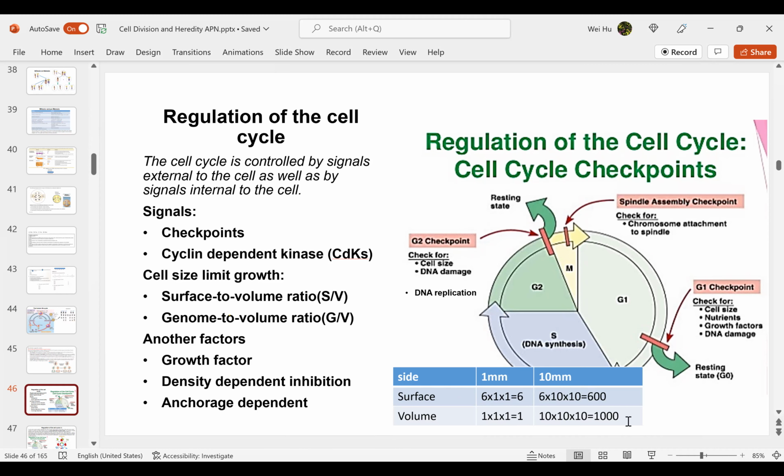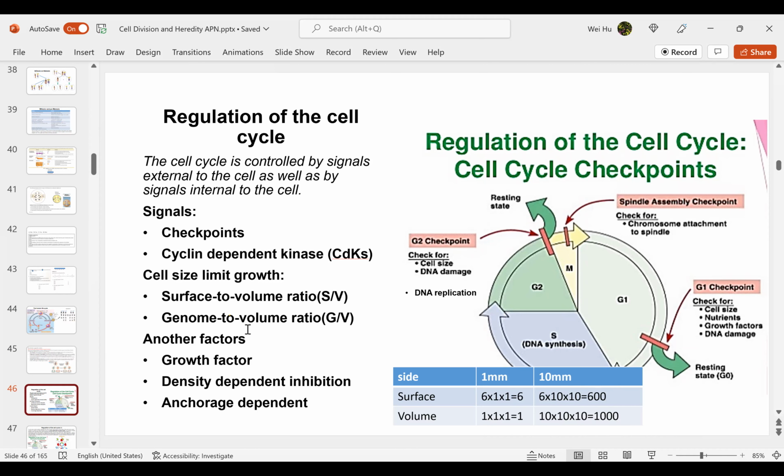So you can see the ratio dropped dramatically, from 6 to 1 down to 6 to 10. This dropped too much. So if your cell is too big, your surface area is not enough. So not good. Don't grow too big.